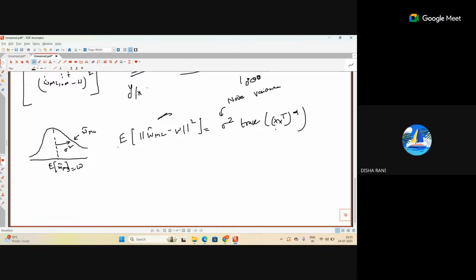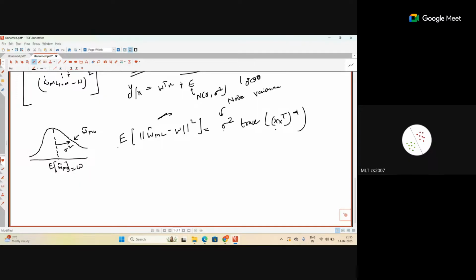Why? Because y given x was w transpose x plus epsilon, and epsilon is normally distributed with 0 mean and variance sigma square.